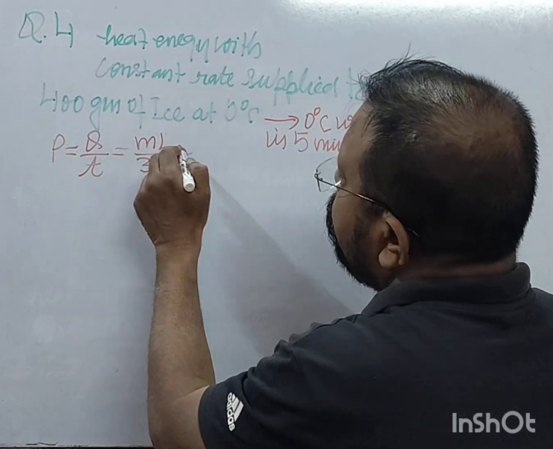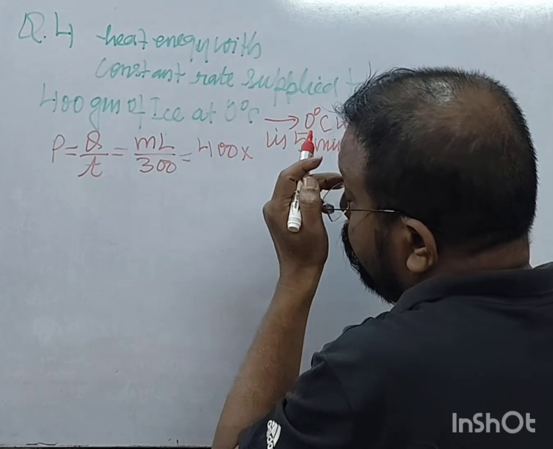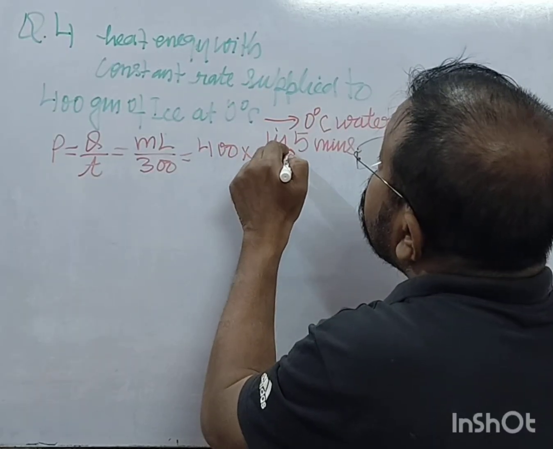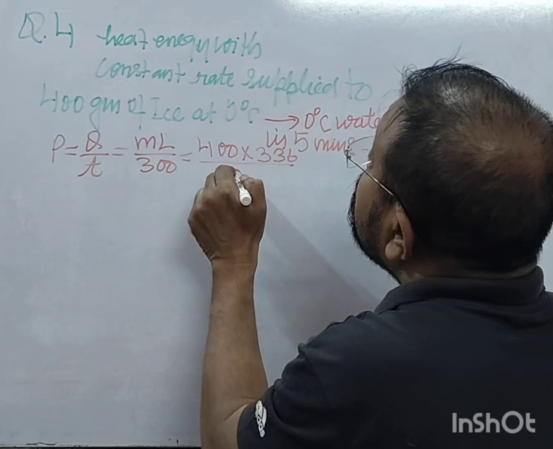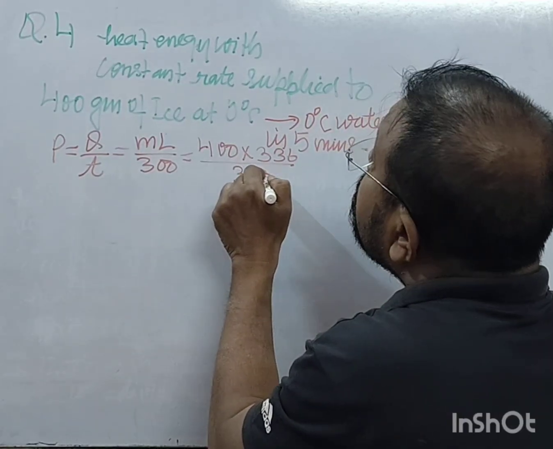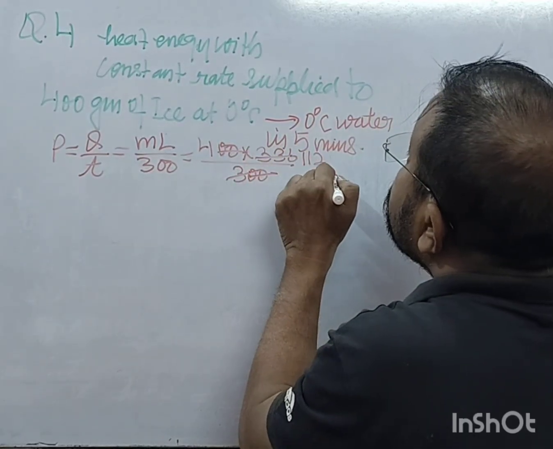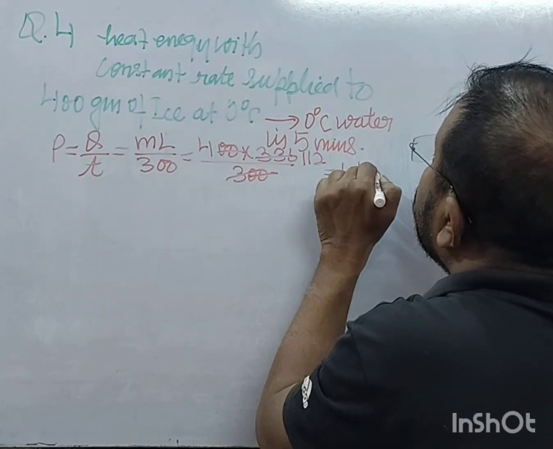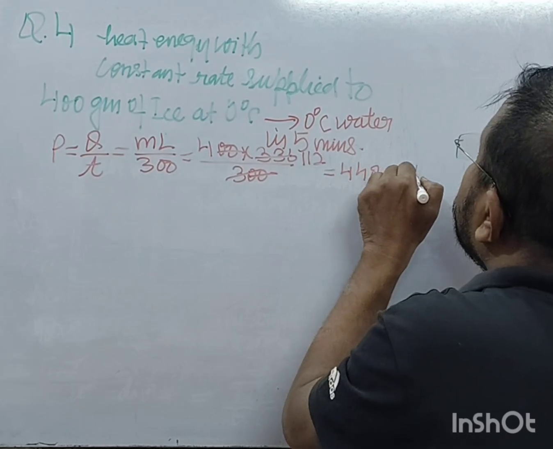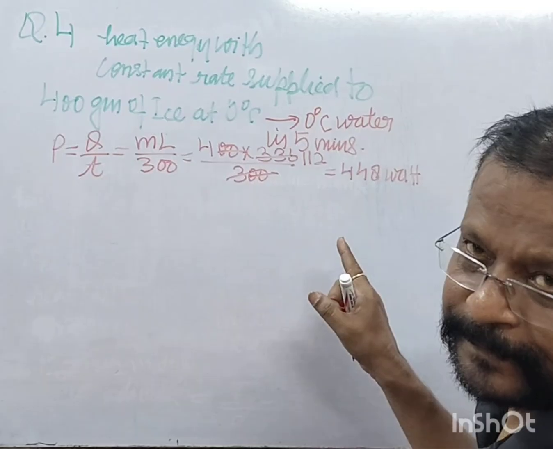So M कितना है? 400 gram into latent heat of fusion of ice is 336 joule upon 300. So 3 and 3 cancel. This is 112. So it is 448 watt. इतनी एनर्जी कॉन्स्टेंटली सप्लाई हो रही है, right?